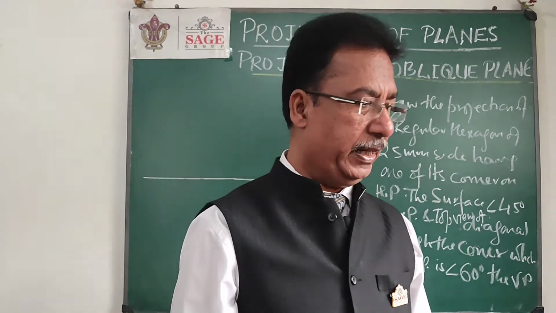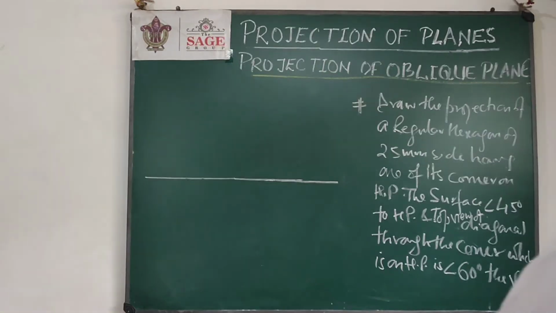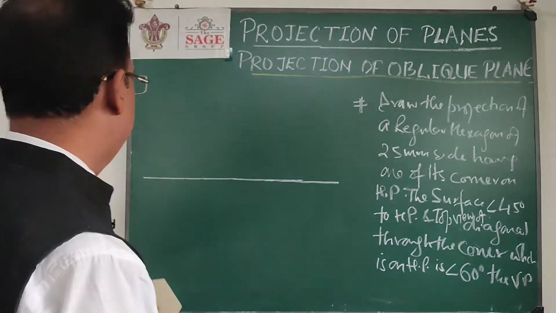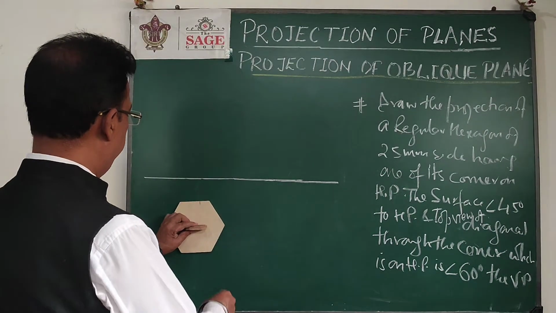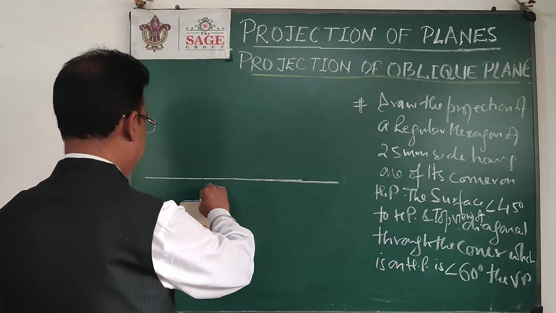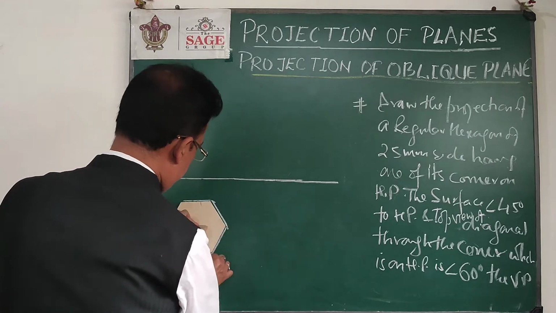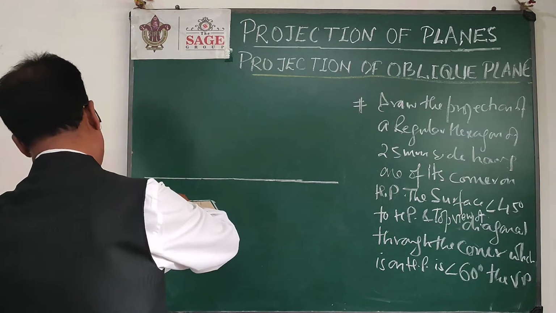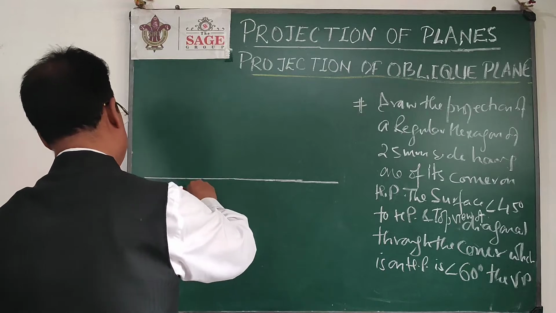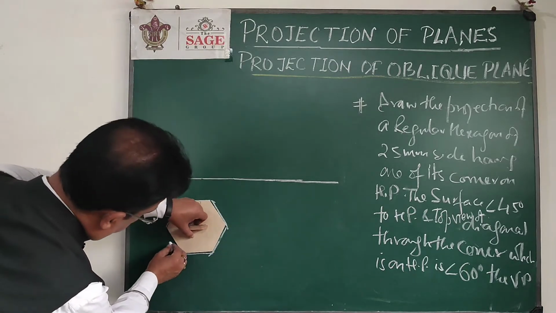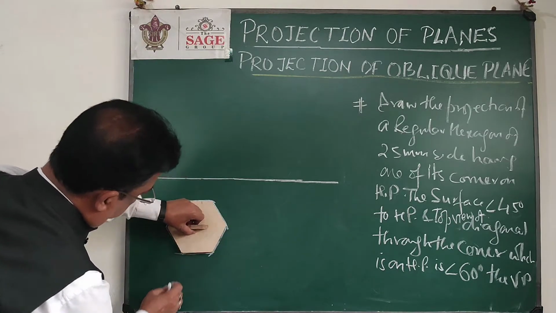As the surface is inclined to HP, the initial stage will be to keep the surface parallel to HP. So I should start with the top view, and in the top view I will keep the hexagon like this, so that the diagonal passing through the corner which is kept on the HP will be parallel to VP. So this will be like this.